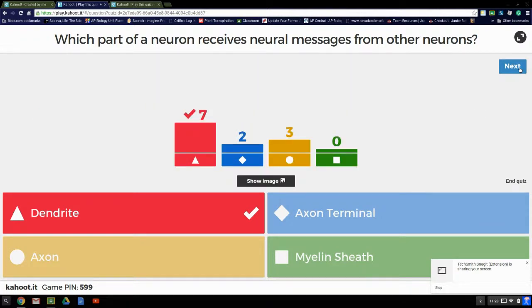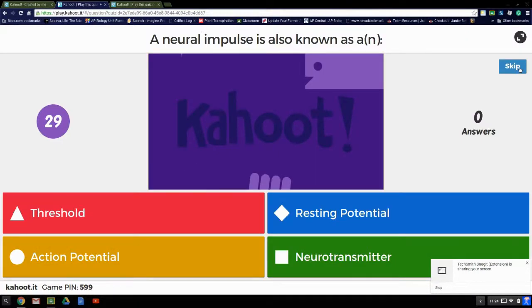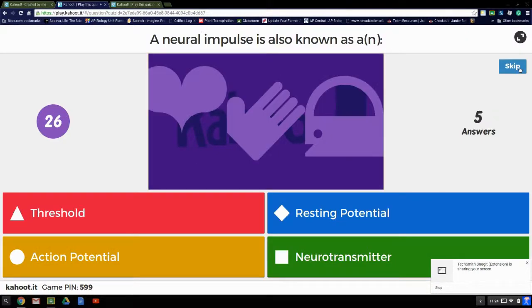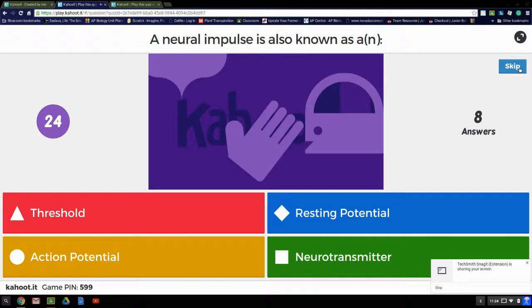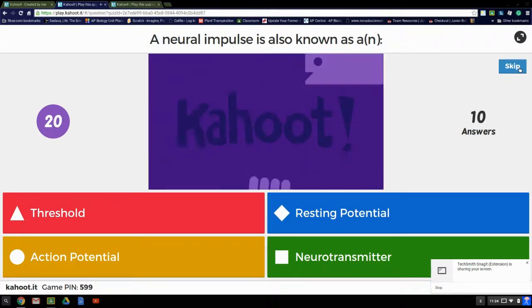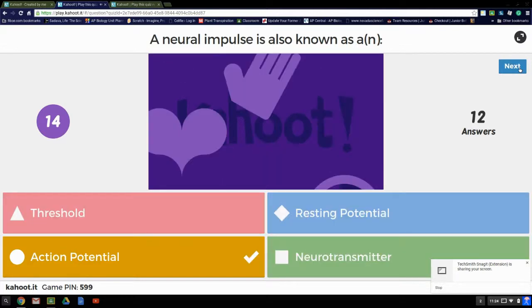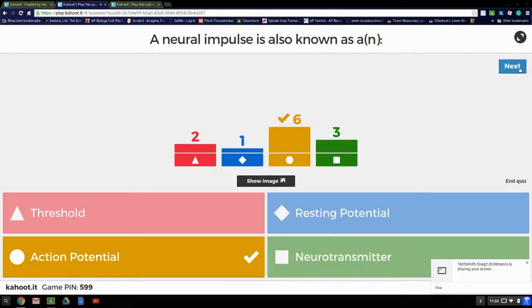I'm sad I lost my first place. Yes. Action potential.